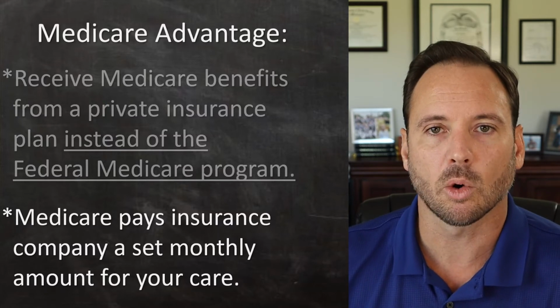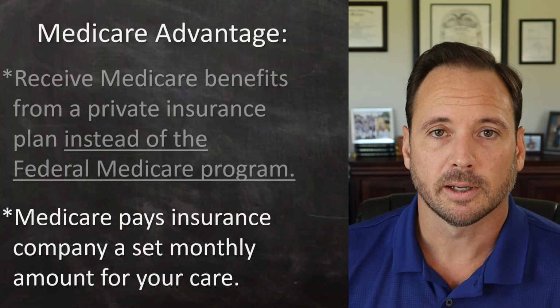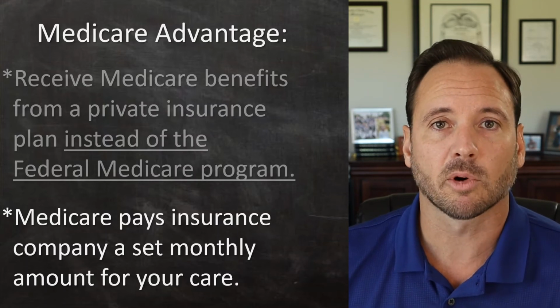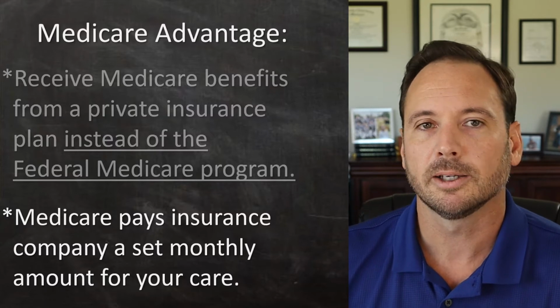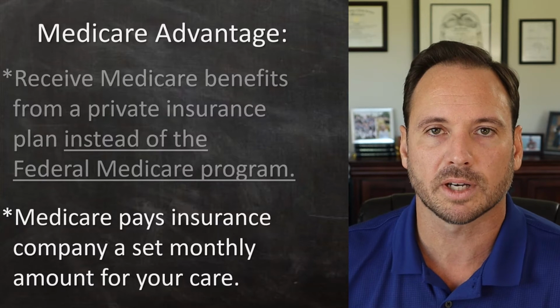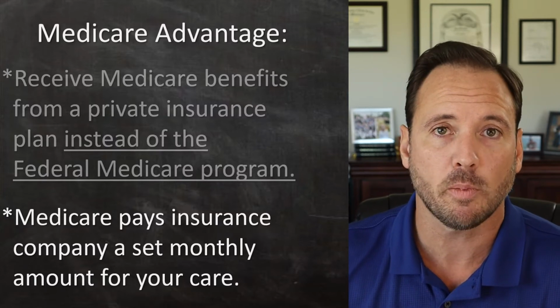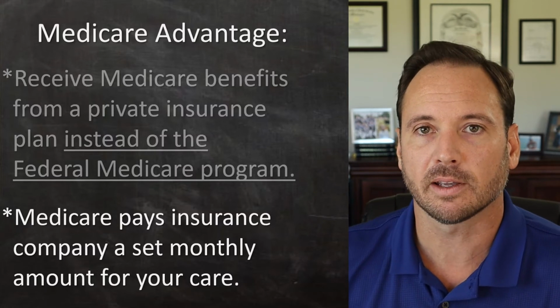This is where you get your provider networks, your HMO, your PPO, whatever it is. So when you see the commercial on TV, it says this is a $0 plan, it's free, free, free. They're conveniently forgetting to tell you that they're receiving $1,200 of the tax equity you paid into the Medicare program throughout your working life. They're receiving that every month.